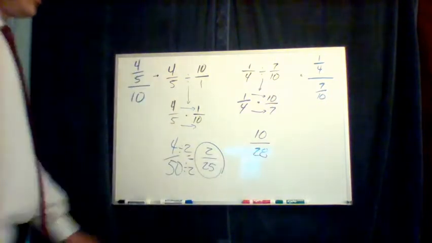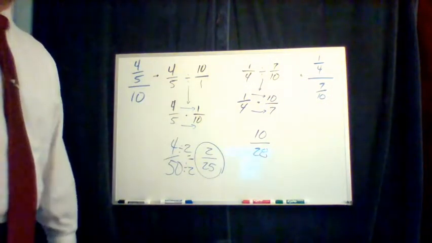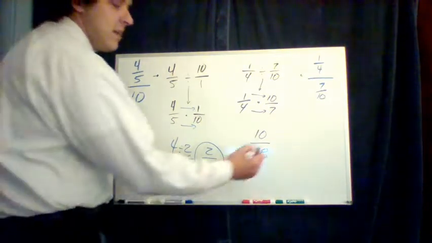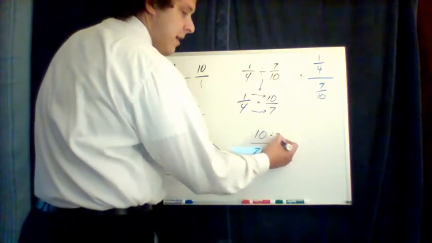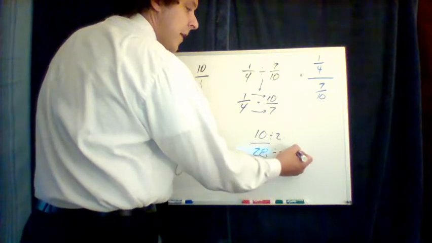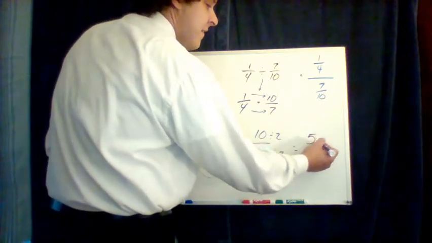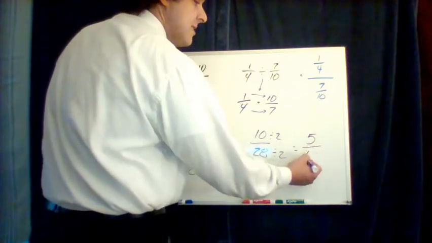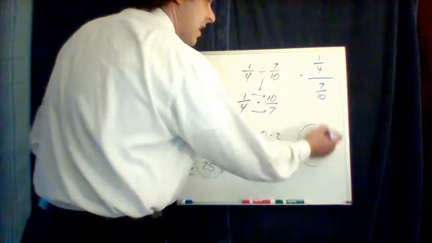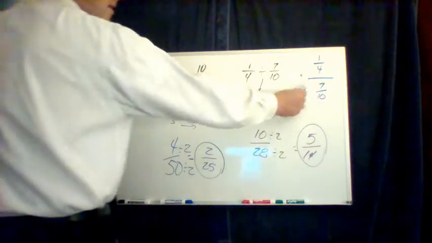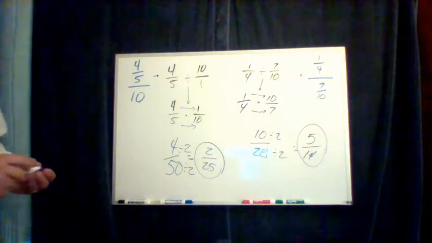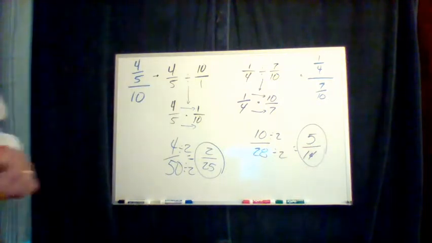Can this fraction also be reduced? Yes, it can. We can divide both of these numbers by 2 again. So 10 divided by 2 is a 5, and 28 divided by 2 is 14. It looks like 1/4 divided by 7/10 is 5/14.